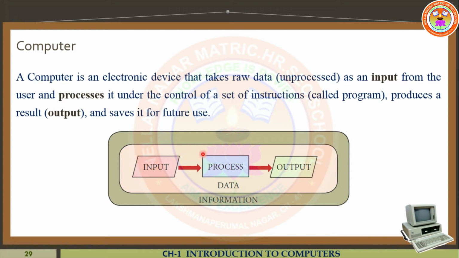So all these actions are happening with the help of what? Data processing. In this data processing the main component is what? Data. Once this data processing is complete, we get what? Information. Okay, so this is the pictorial representation of data processing. All of you understand, my dear students?